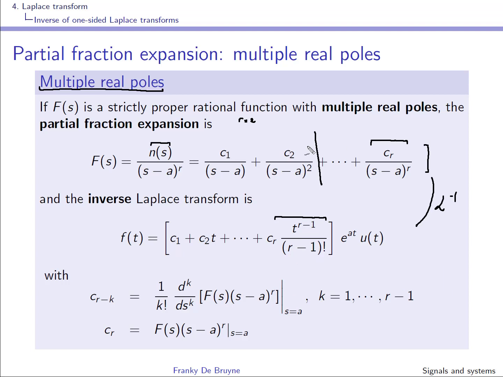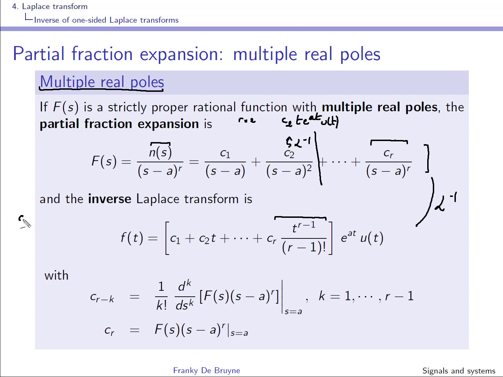Okay, so you remember that the inverse Laplace transform of this one is C2 t e to the at u of t. This is something that we have seen, and we have obtained it by the frequency shifting property, if you remember. Now comes the question of computing C1 and C2.